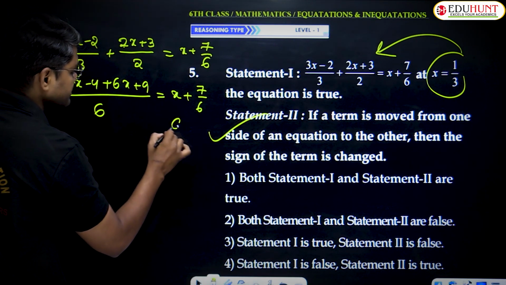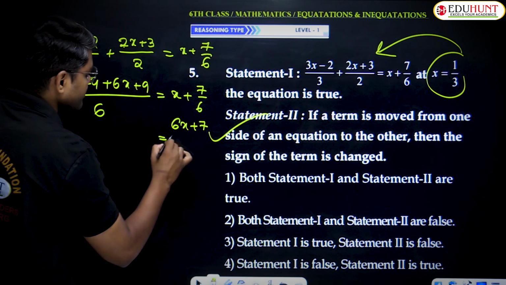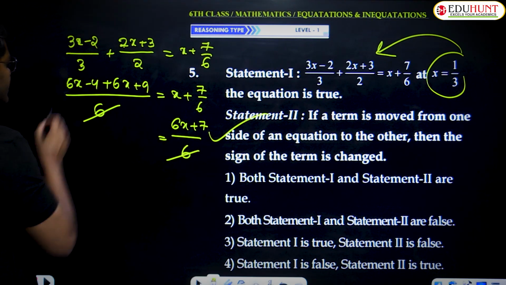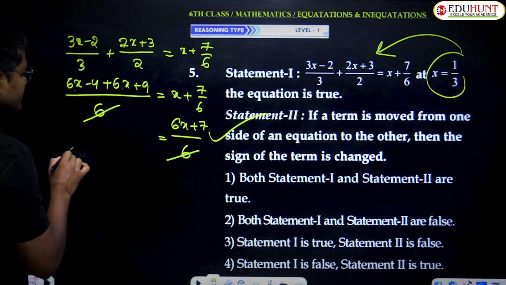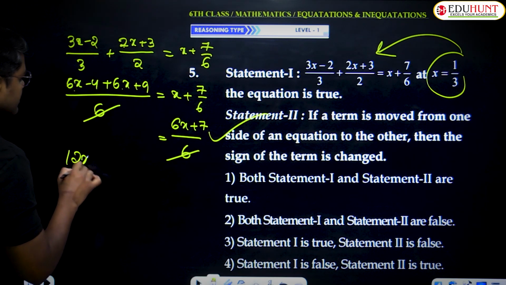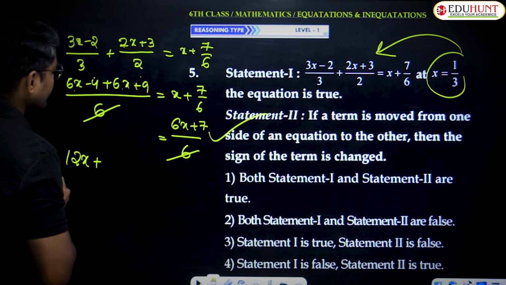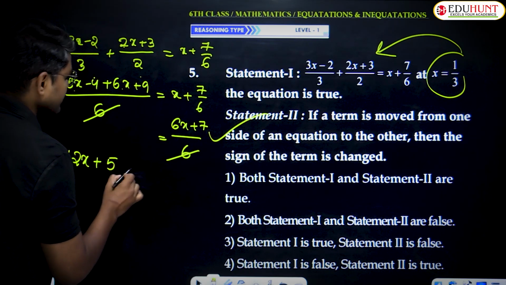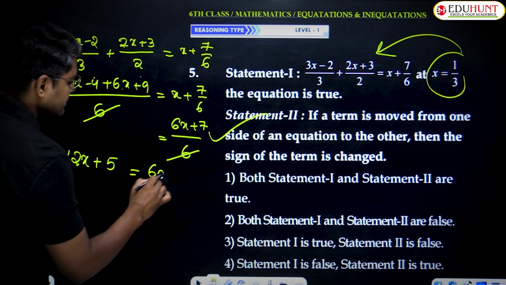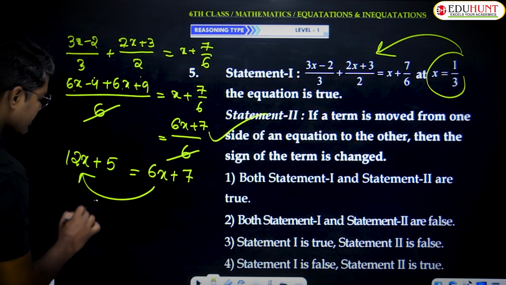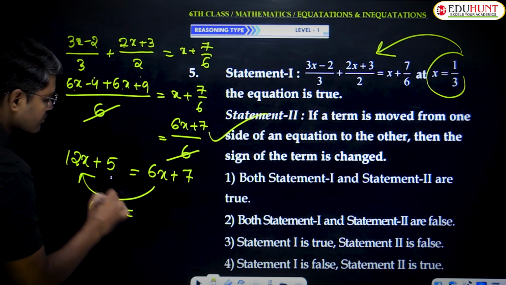This is 6x plus 7 by 6. This 6 and this 6 will be cancelled. 6x plus 6x 12x, plus minus 4 plus 9 plus 5 equal to 6x plus 7. So this becomes 6x is equal to 2.